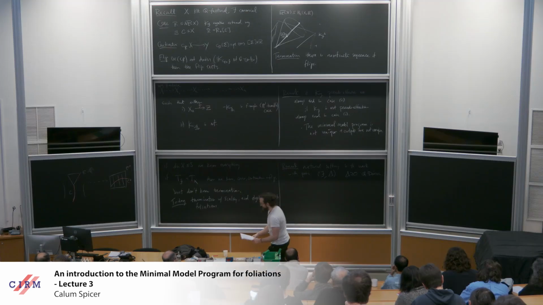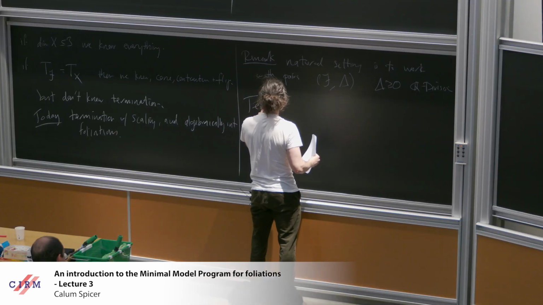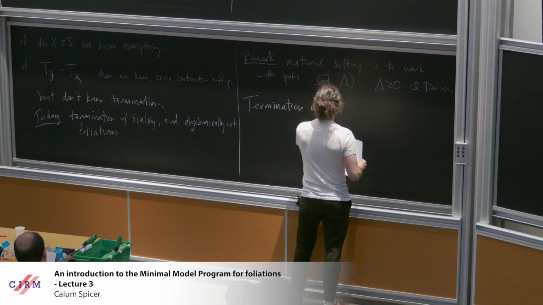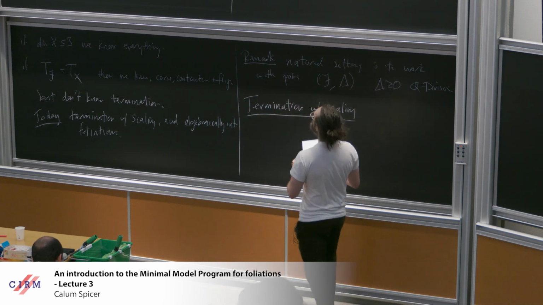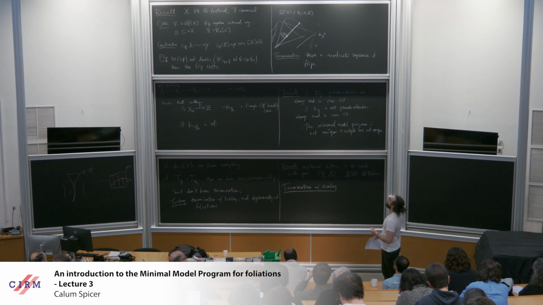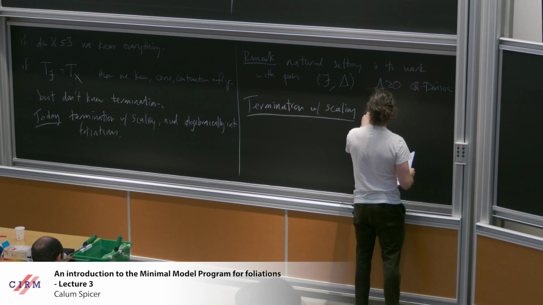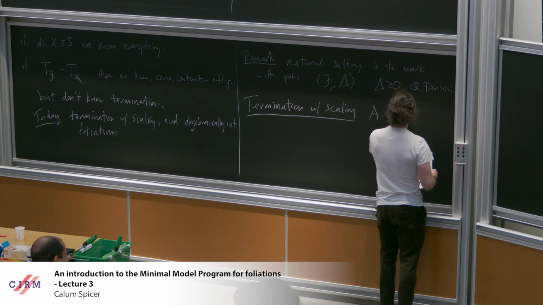So let me explain now how termination with scaling works. Okay. So again, we're still in our usual setup. So X is KLT Q-factorial, F is canonical. So let A be an ample divisor.